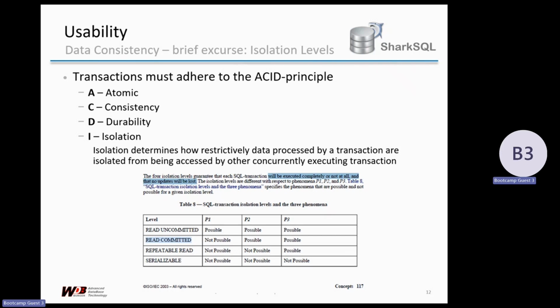Some databases do not even support read uncommitted. Then there's read committed, which says, okay, if one transaction commits data, I want it to be visible to the other transaction. So if the second transaction reads the data again, it immediately gets the new value of the record or the modified data.